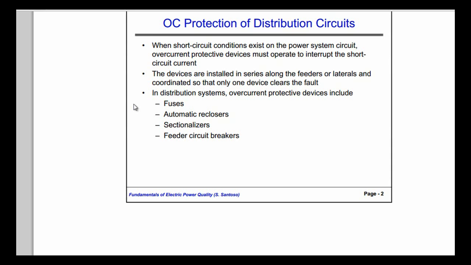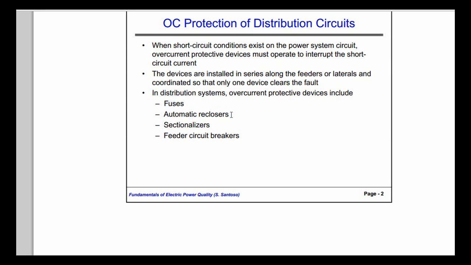Or for example, a tree branch comes across three lines, so we'll have a three-phase fault, and it will burn for a few seconds and the fault is self-cleared. So we don't want the fuse to act during the temporary fault.